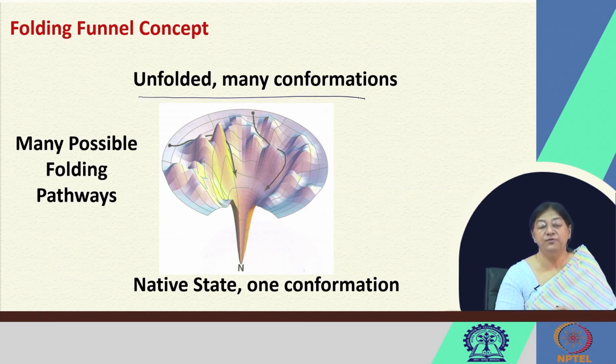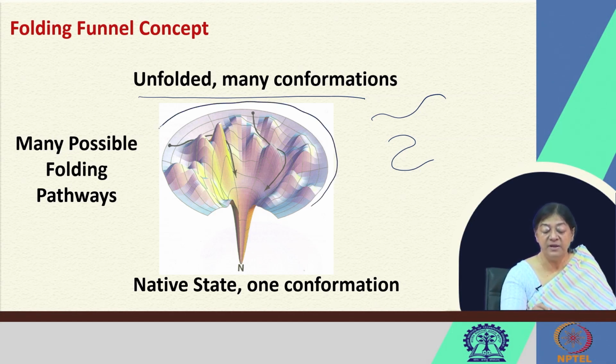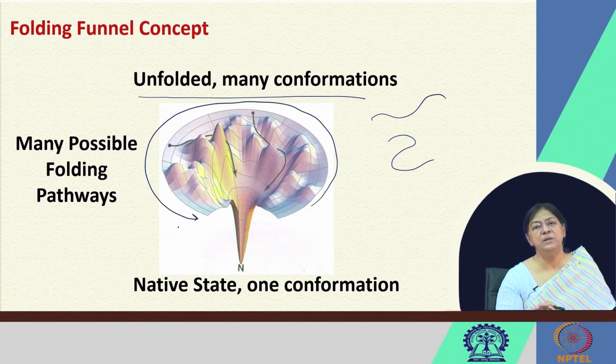So, we have the unfolded protein. There are many conformations of this protein. So, we have these many conformations resulting in many possible foldings. So, there is this folding funnel, which we will revisit later on. There are many unfolded conformations here. All of these are the same polypeptide chain, but folded in very different manners. What it does is there is finally one native state, one conformation.